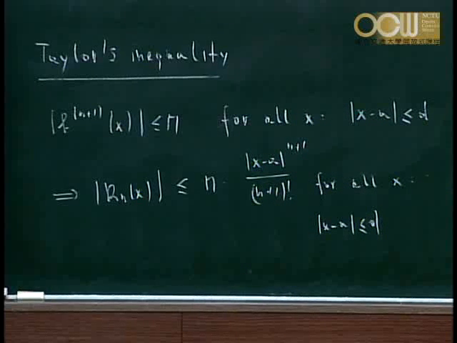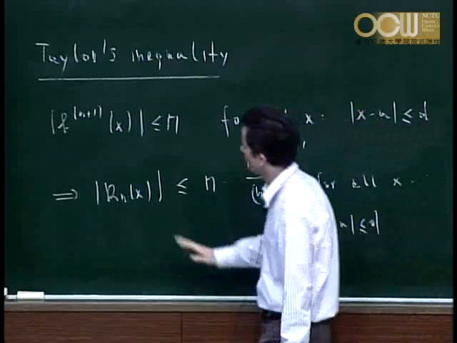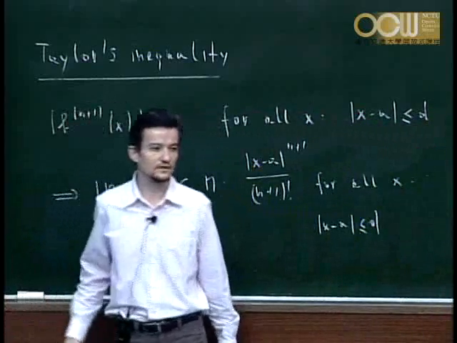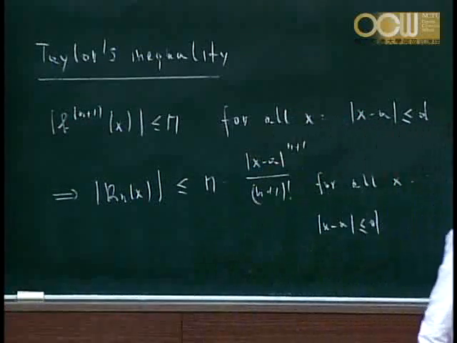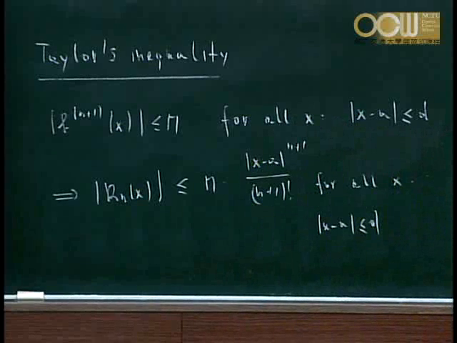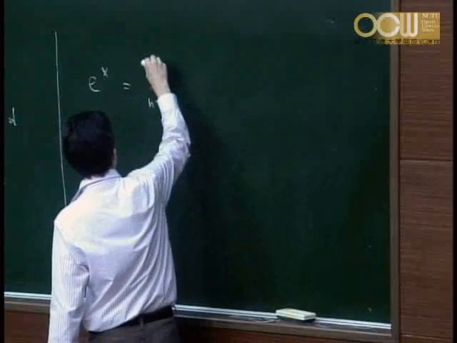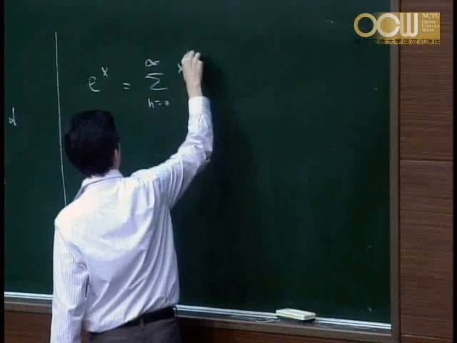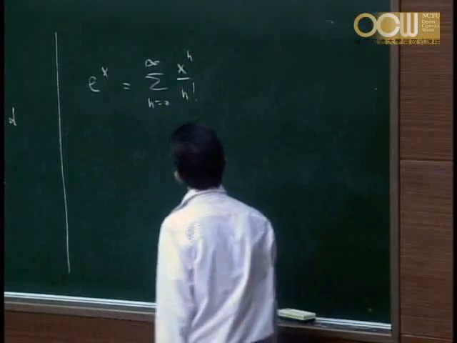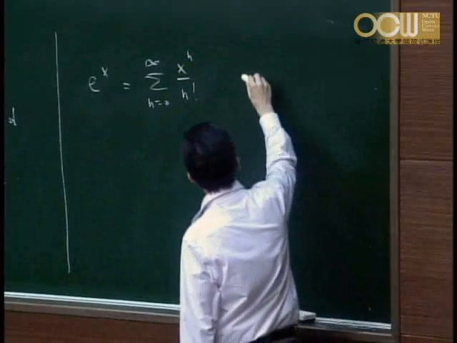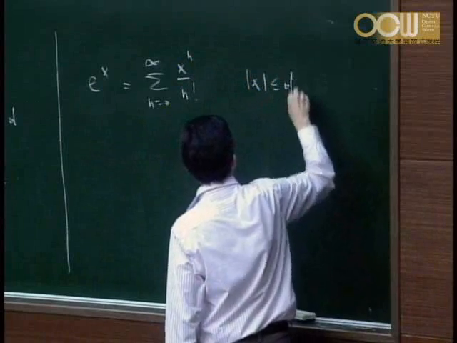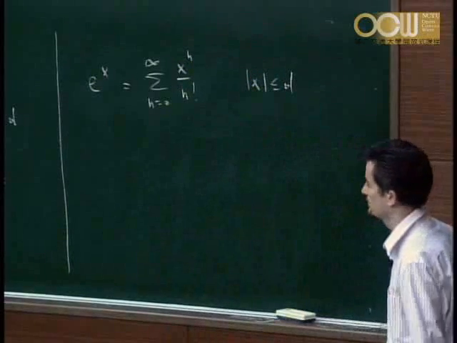But the important thing for us is how to apply this inequality in order to complete what I have done for e to the x so far. So in order to prove that the Maclaurin series really represents e to the x, that e to the x is equal to this one, first I prove it for all x which are bounded by some d.